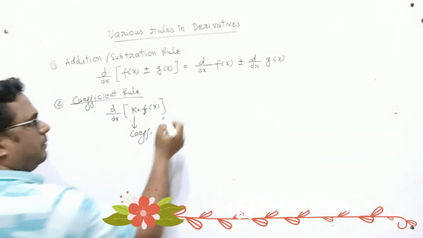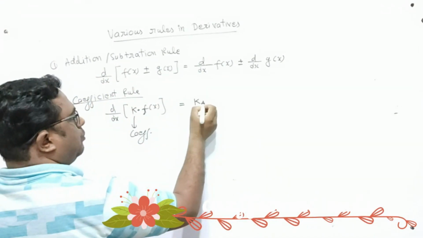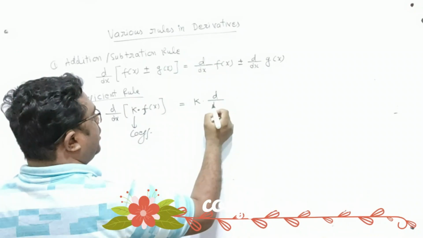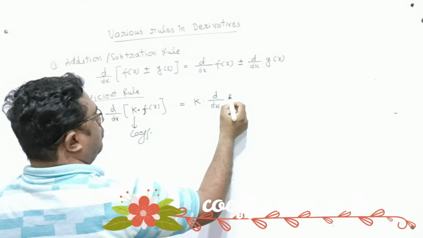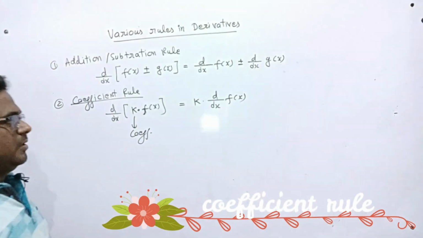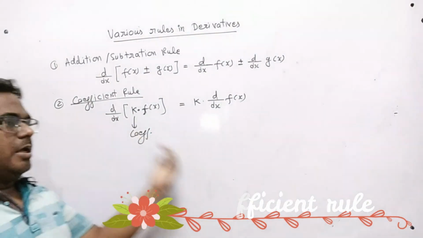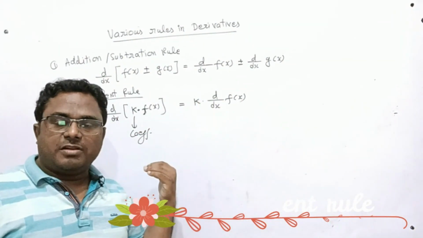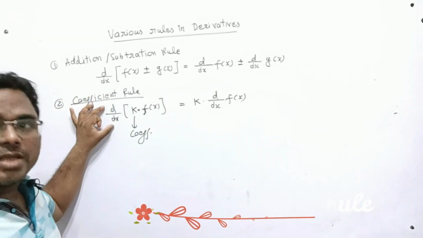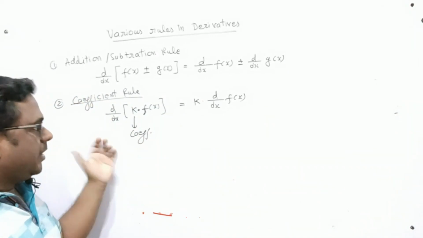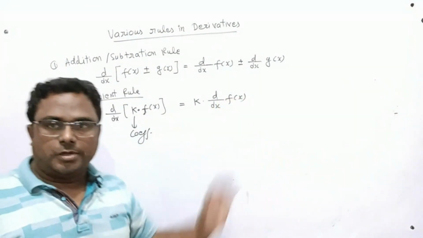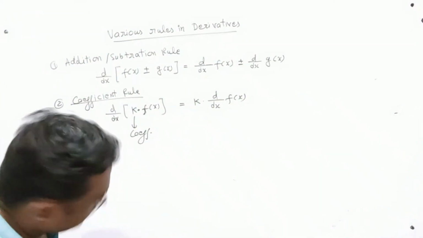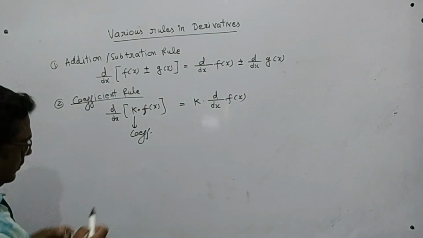So what will happen is that this coefficient will go outside and the derivative will be done of the function only. So here you can see that k has gone out of the derivative sign. dy/dx is called the sign of derivative. So k has gone outside and only the derivative of the function is left. Next, number 3, product rule.